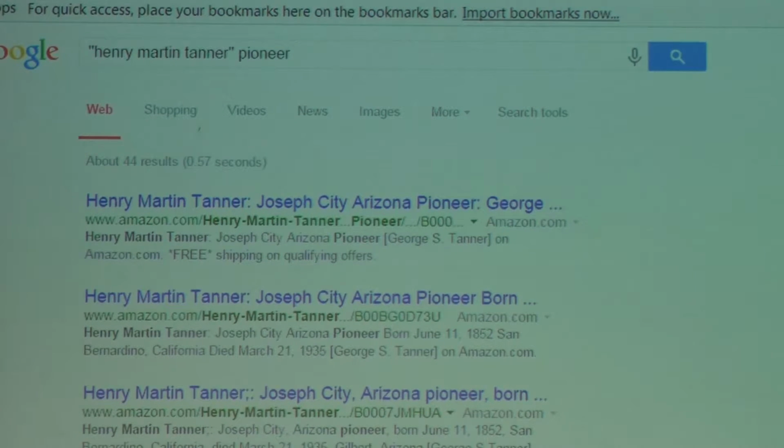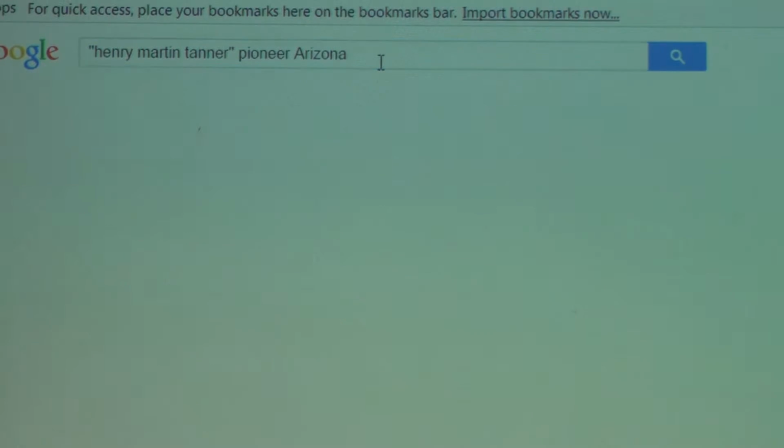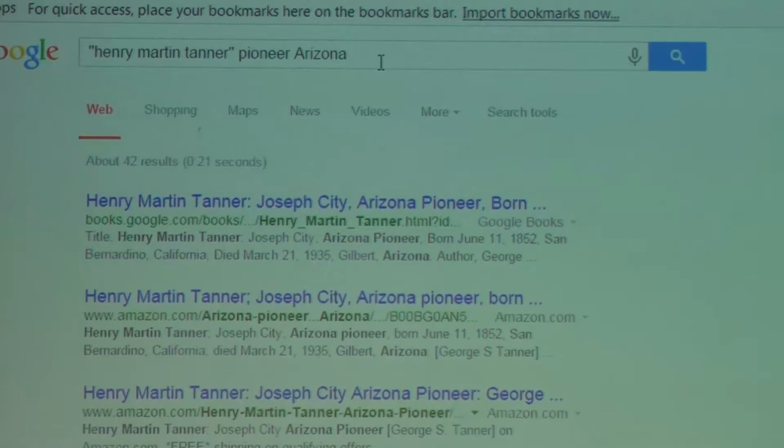Here's the problem. It's harder to stand up and type. There we go. Oh well, we're not going to get any more results out of this. There goes that experiment.